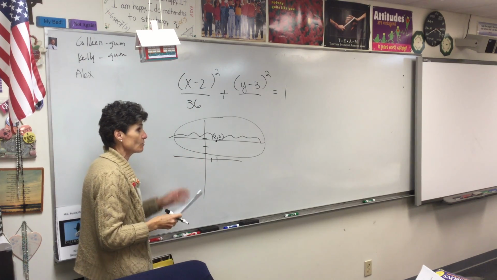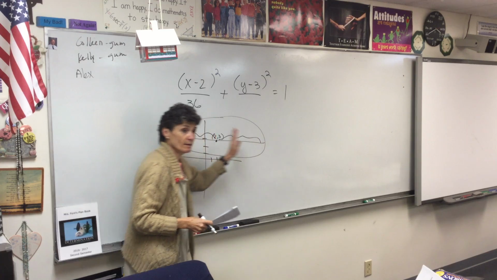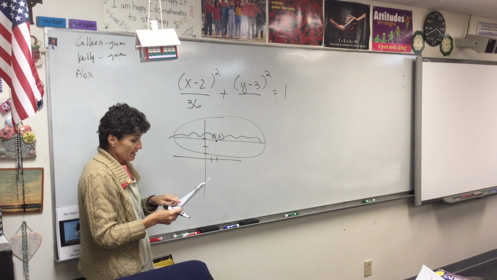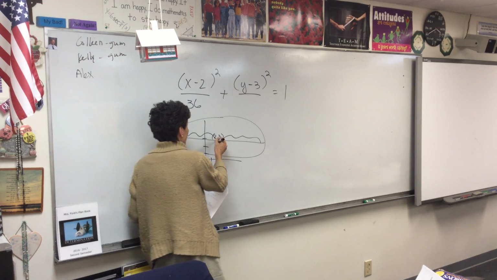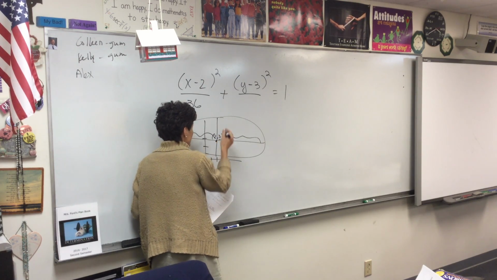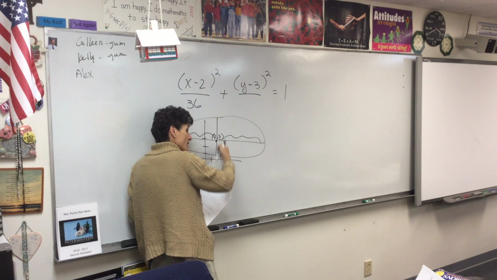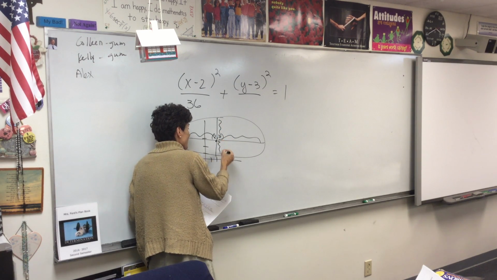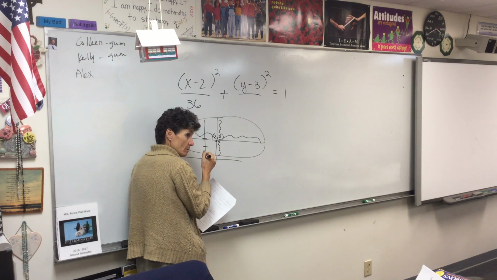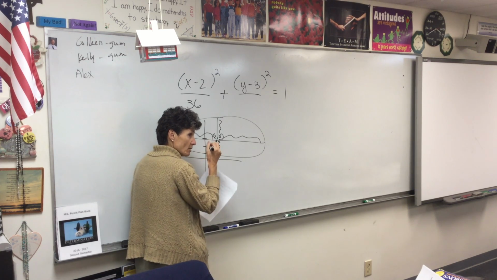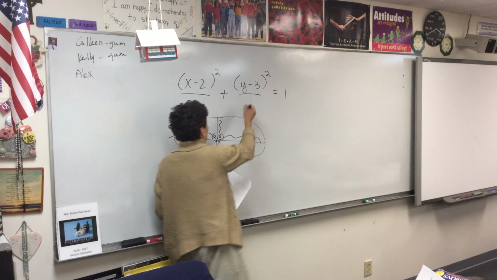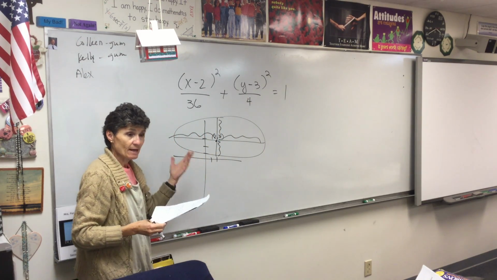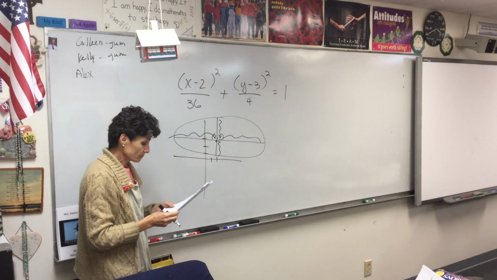How do I know it's under the x? Because it's going horizontally. Now the minor axis has a length of 4. So that means the whole thing is 4, which means you're going up and down 2, which tells me what? There's a 4 under the y. And that's it. You're done.